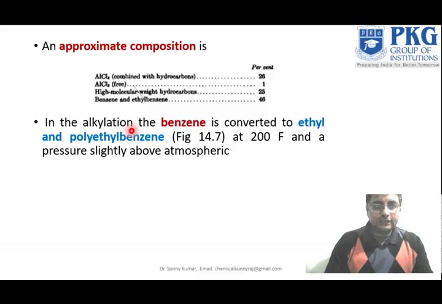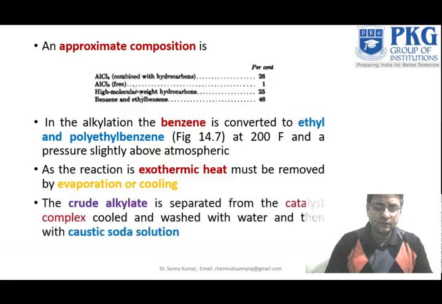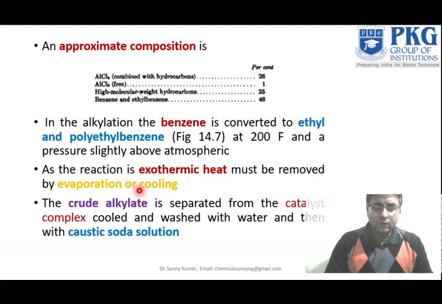In the alkylation, benzene is converted to ethyl and polyethylbenzene, as we have seen in Figure 14.7, at 200 Fahrenheit and a pressure slightly above atmospheric. As the reaction is exothermic, heat must be removed by evaporation or cooling.